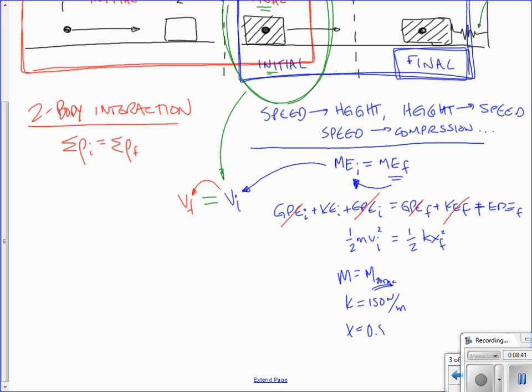X is 0.8 meters; we need it in meters. Get rid of these 1/2s. So we can find v initial, again with m total. So, calculator.